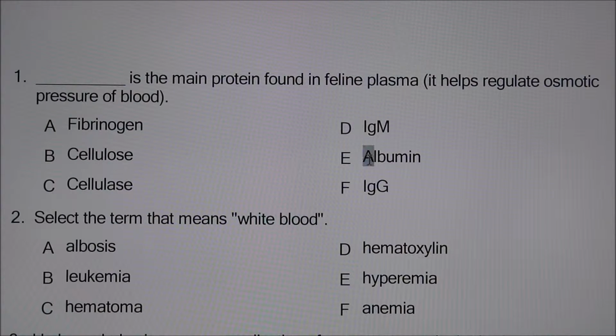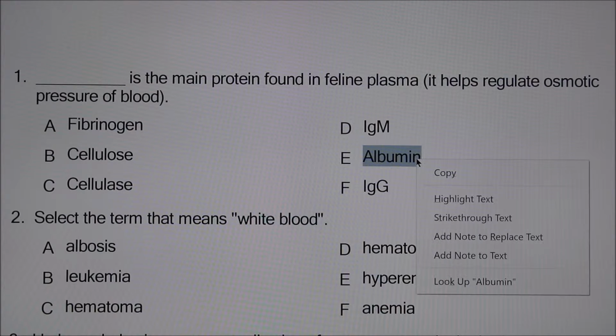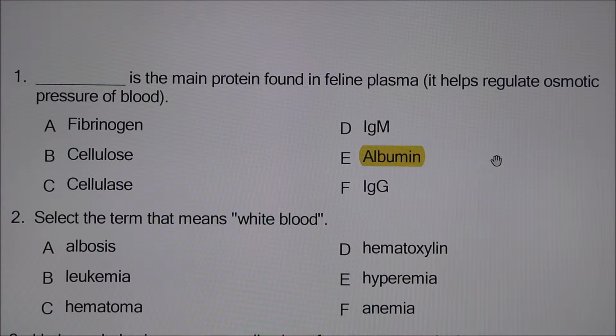And I'm going to try to highlight this, and I think I can make it yellow. And the right answer is albumin. It's made by the liver. This was in the reading and some of the videos. If you don't have albumin in the blood, you have trouble keeping fluid in the blood.